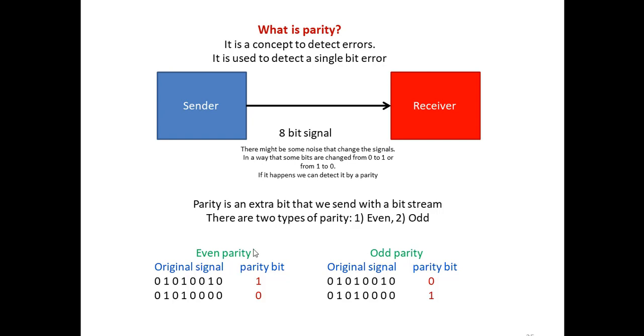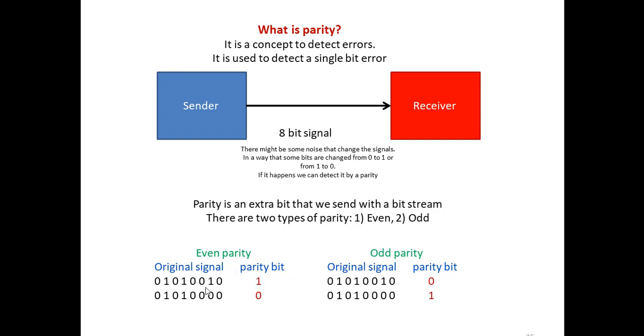If we go with an even parity, it means that we are going to add another bit to these signals and make it a 9-bit signal. Based on the even parity, we have to have an even number of 1 bits. So if we have 3 ones from the original signal, the parity bit is going to be 1.